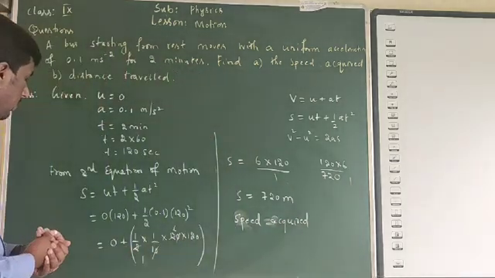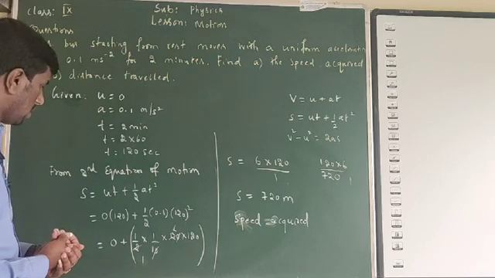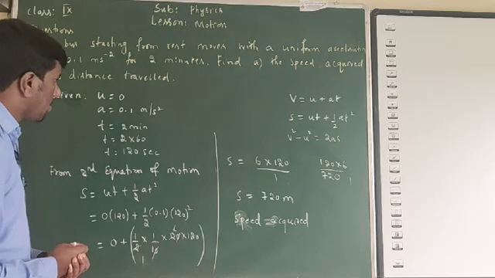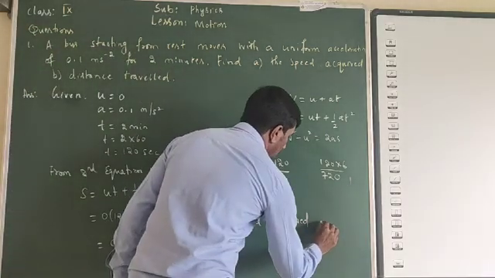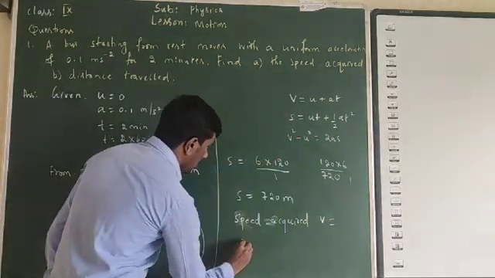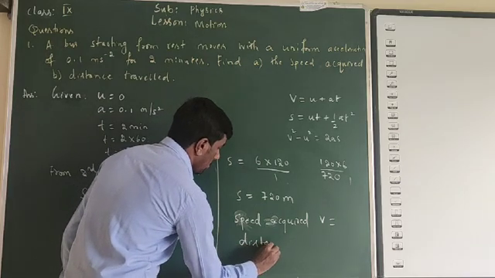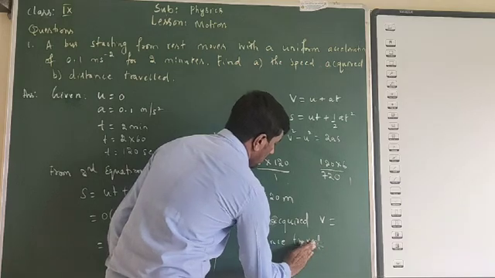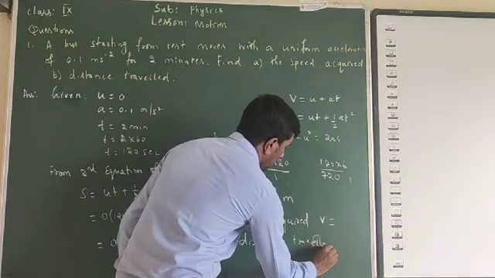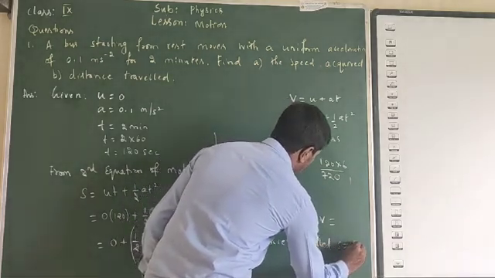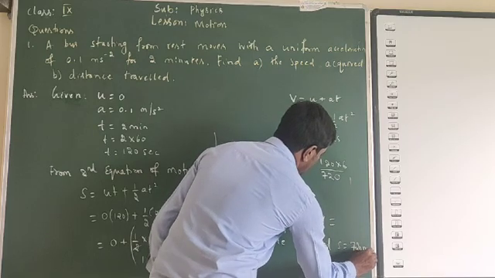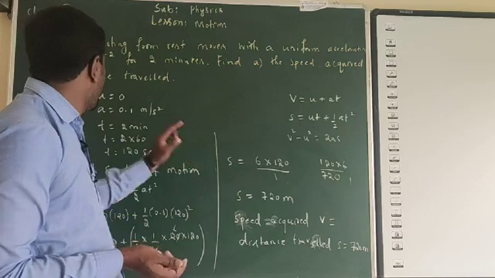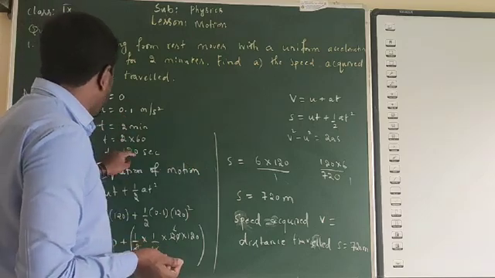Speed acquired v is equal to the distance traveled, s is equal to 720 meter, and this is u plus at, right? u is equal to 0, and u plus at is 0.1 into 120, that is 12.